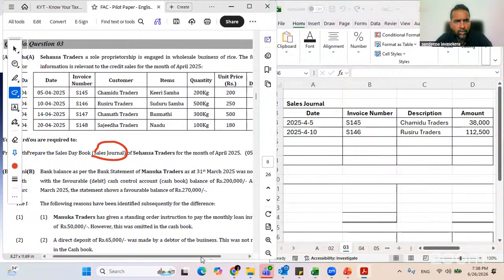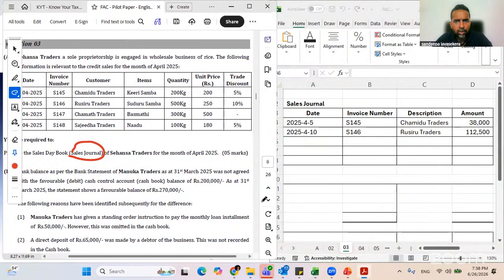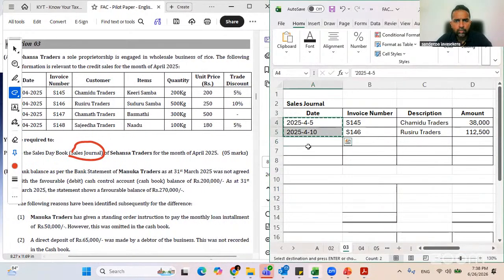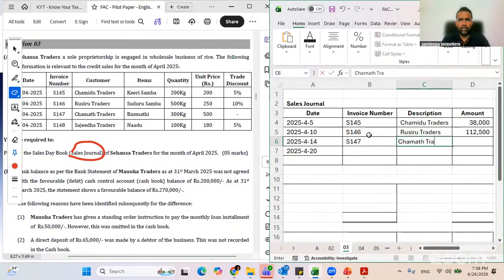Right. Next one, we got 14th and 20th. S147, Chama Traders, 300 kilograms into 500.